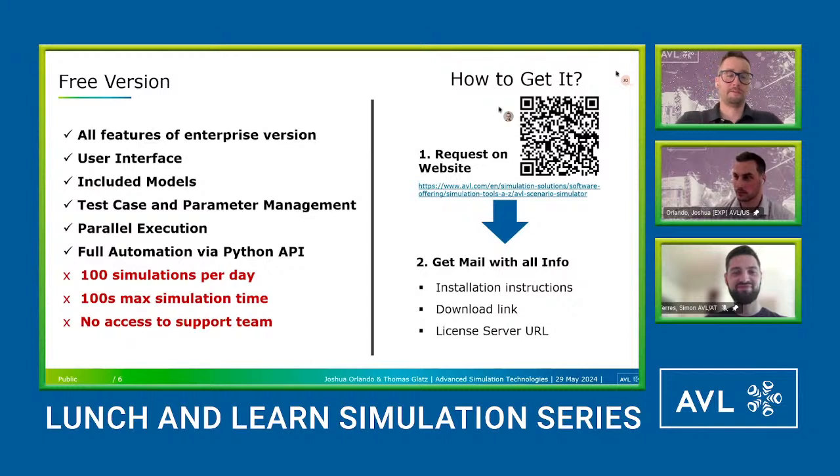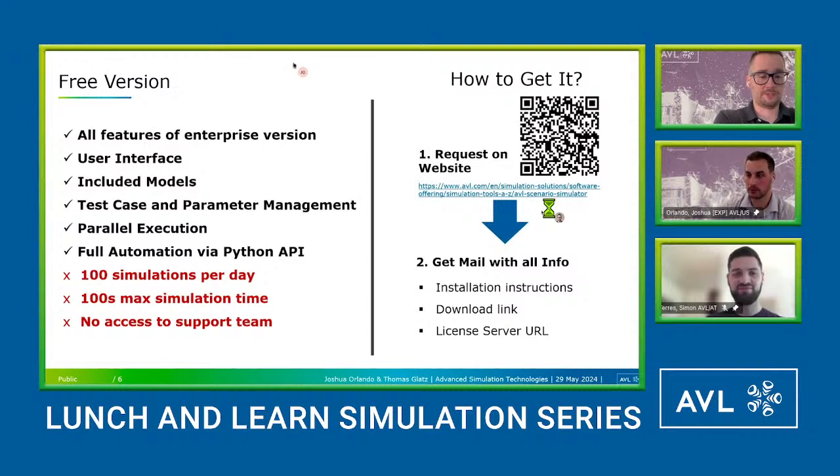Yeah, with that, a very quick recap on how to get the free version. Basically, scan the QR code here or navigate to the link that is mentioned here as well. We will send you an email with all the information you need to download the software and also to get the license. A very quick overview of what is included in the free version: basically everything. It's fully functional.